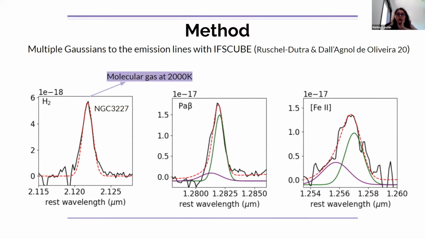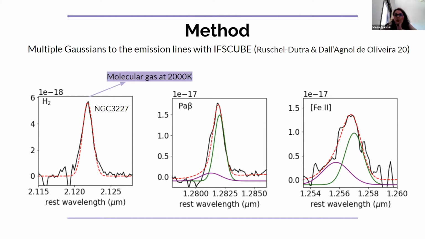We selected the Paschen beta and the [Fe II] emission lines because they are the brightest. The Brackett emission line is weaker, not as bright as the Paschen beta, so we selected the brightest emission lines to have a better signal to noise.